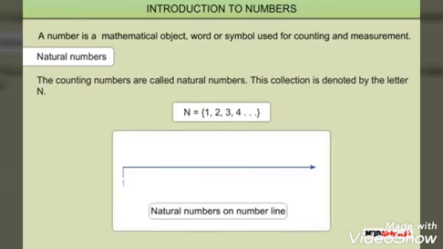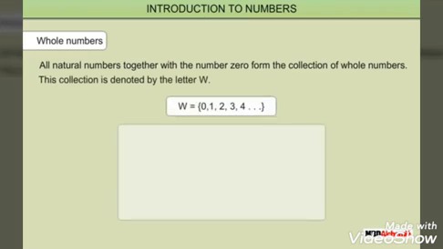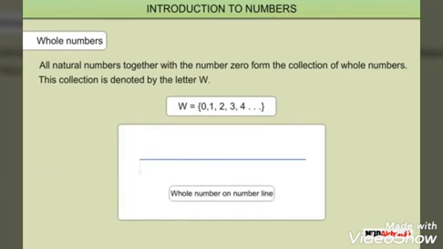These are some natural numbers on the number line. Whole numbers. All natural numbers together with the number 0 form the collection of whole numbers. This collection is denoted by the letter W and is represented like this. These are some whole numbers on the number line.